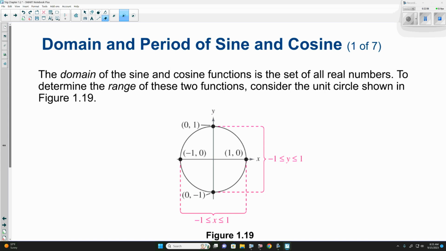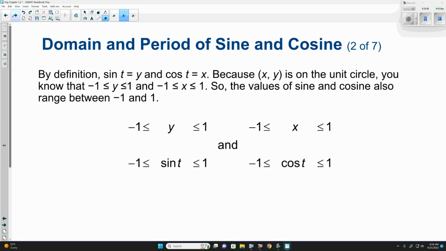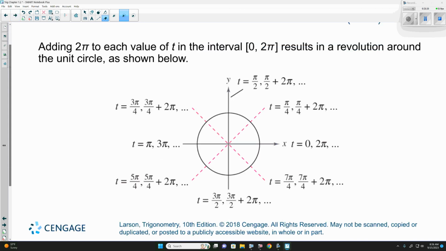And it has to be outside of sine or cosine itself. I'm going to leave it for later when we actually start talking more into this. By definition, sine of t equals y and cosine of t equals x, because x and y are in the unit circle. You know that y is between -1 and 1, x is between -1 and 1. So the values of sine and cosine's range are also between there.